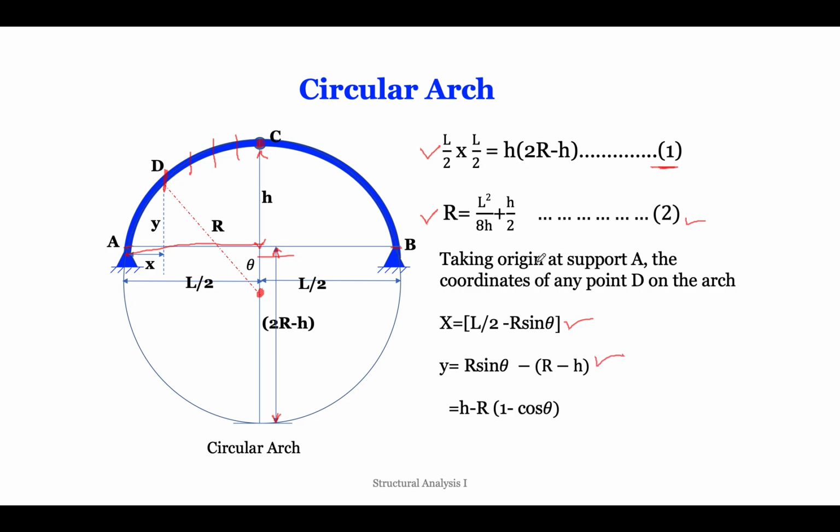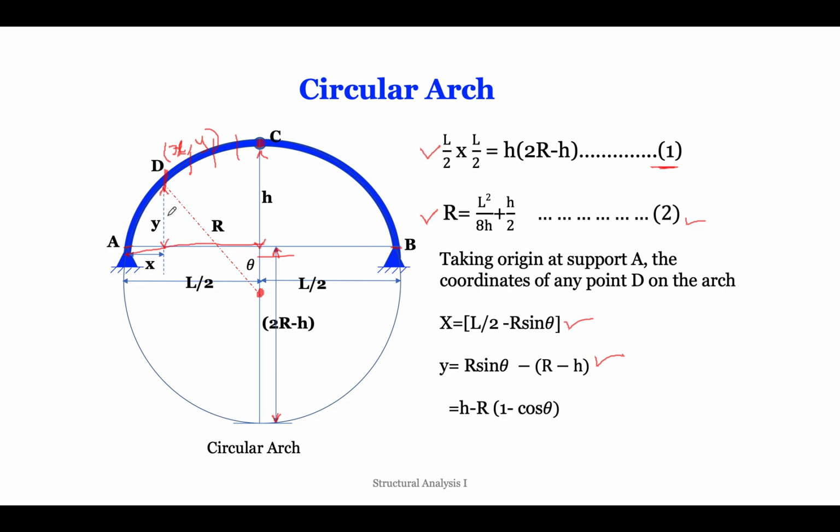Let us consider for this particular case origin A and the coordinates at any point D. What are x and y for this point D? We get x as L by 2 minus r sine theta. And the y distance is r sine theta minus r minus h. How to calculate this?